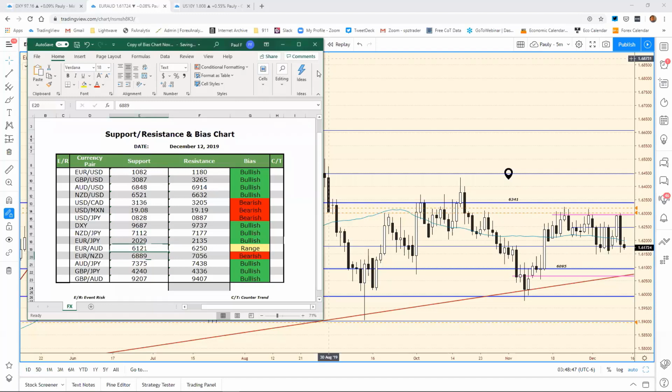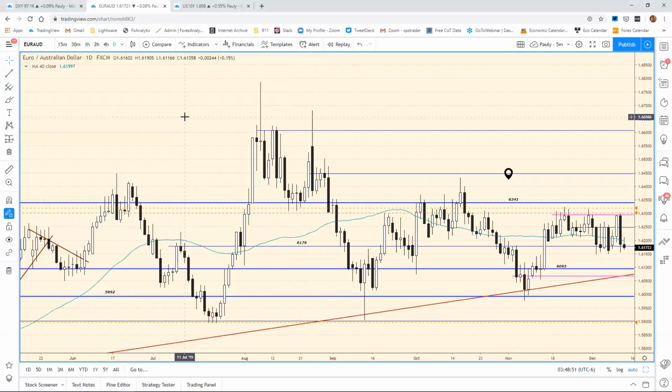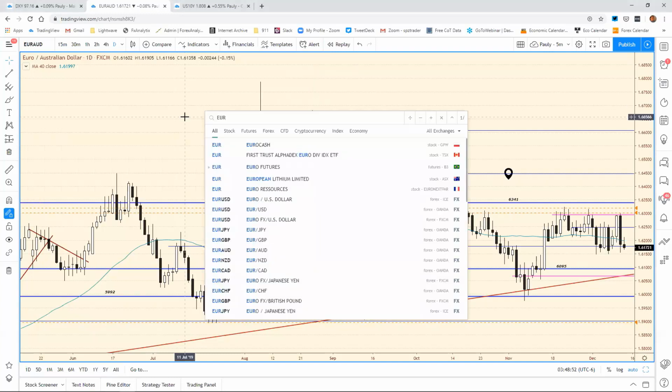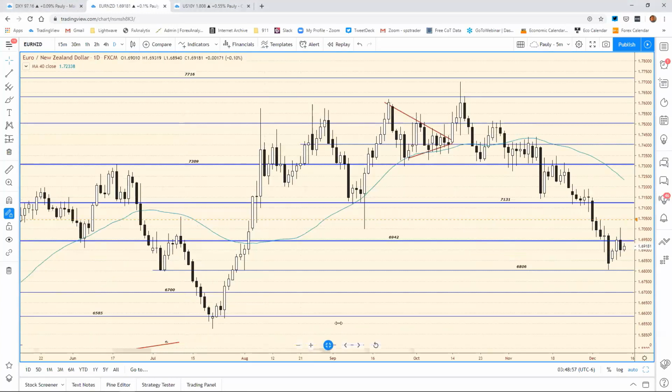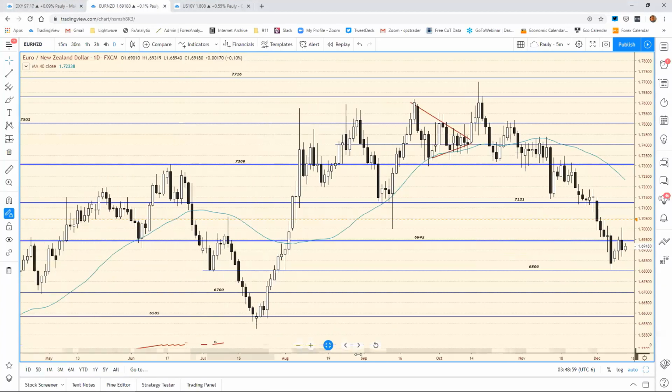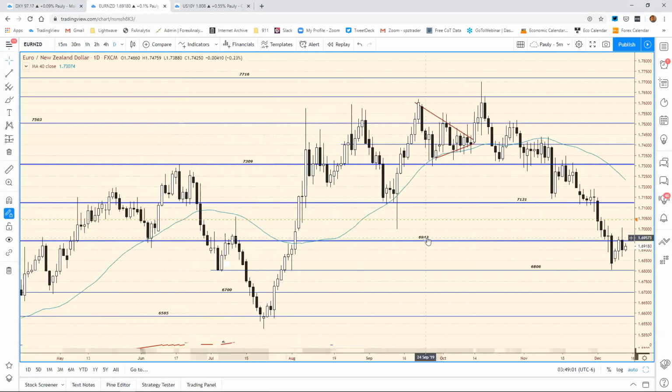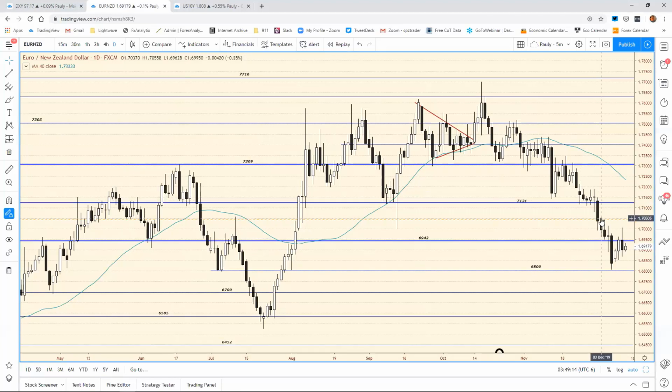Let's move into the euro kiwi. We talked about this yesterday, and how when we finally broke here, we made this run down to 71.31, which is not surprising at all, but we continued that fall and eventually came down to 69.42, and you would have thought, okay, that's it.